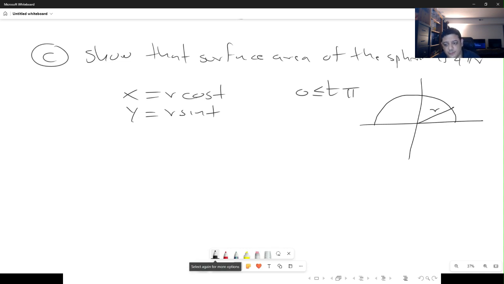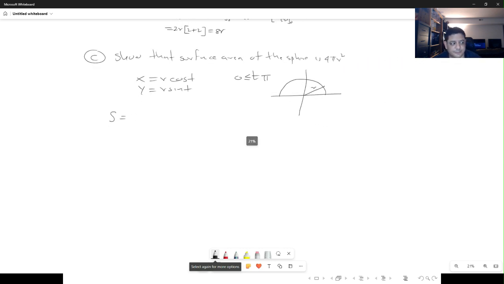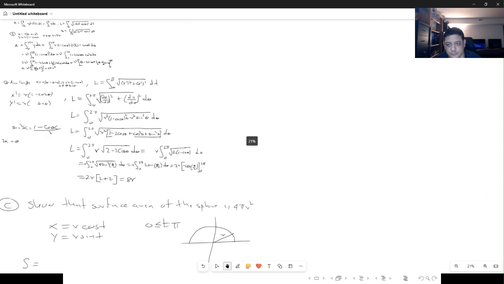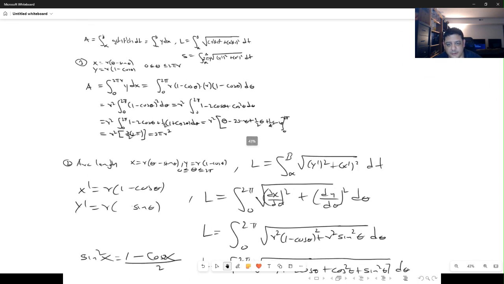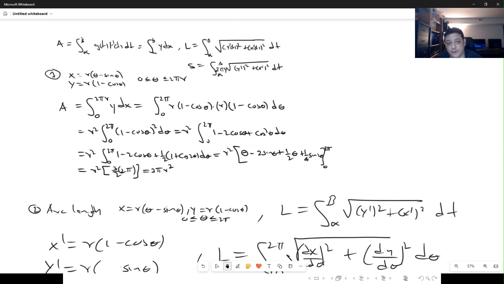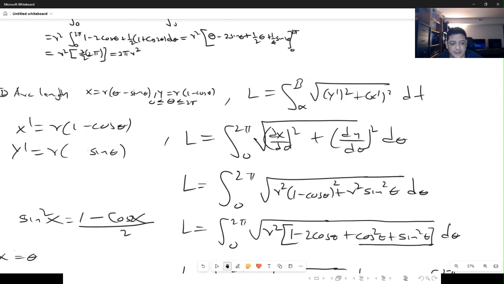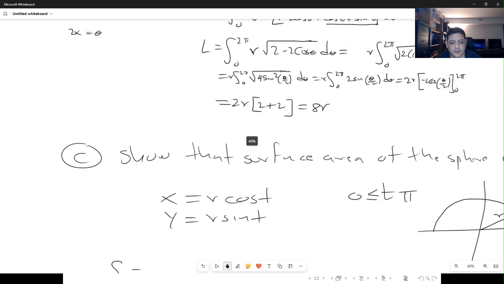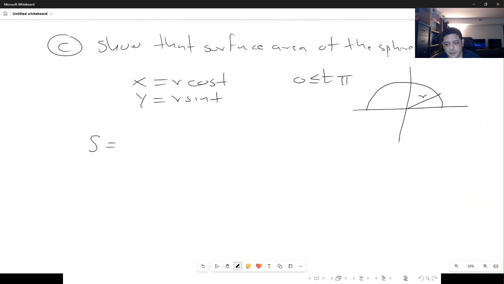And so by using the formula for the surface area that we have here at the top, notice it's very similar to the one for the arc length. It's 2 pi y and then the square root. So from alpha to beta of 2 pi y, and then we have the square root of y prime squared plus x prime squared, and then whatever the parameters here, we're going to use dt.